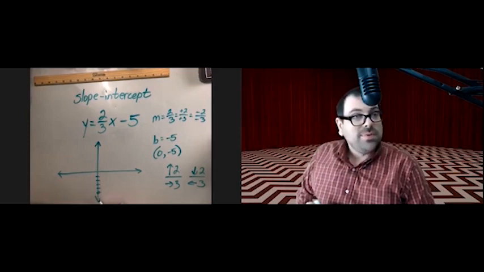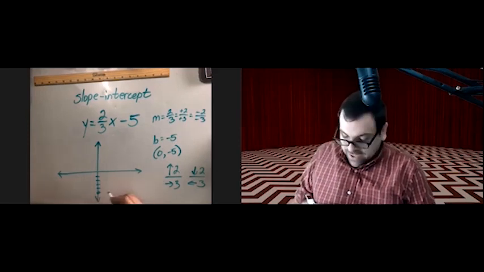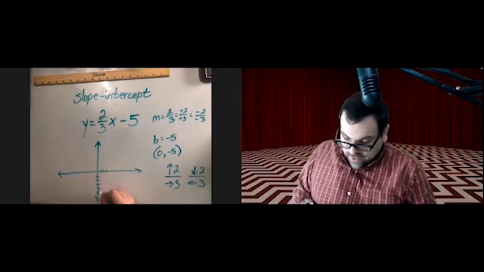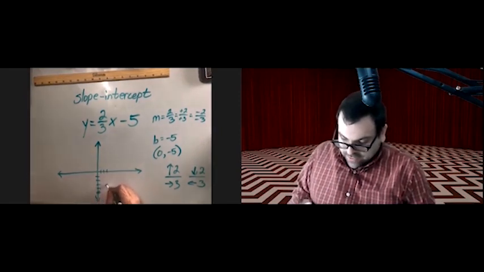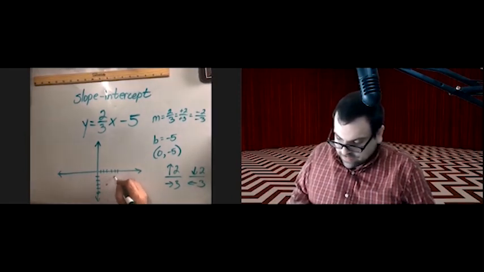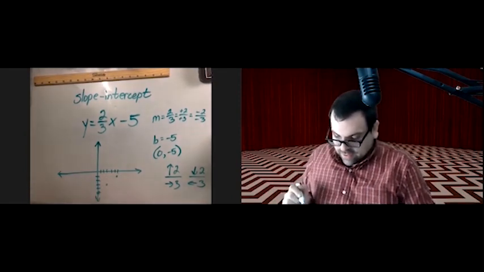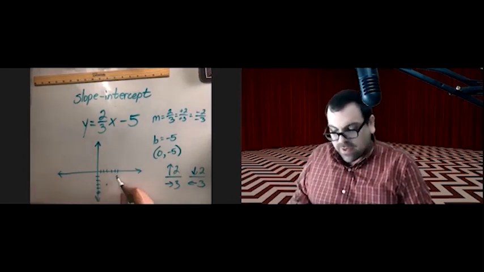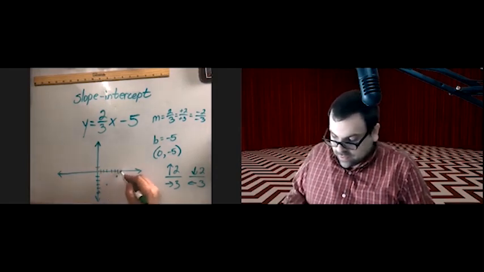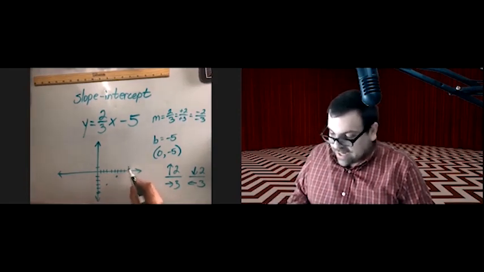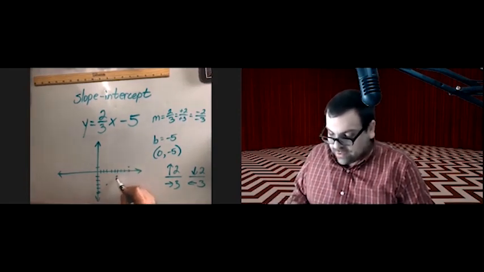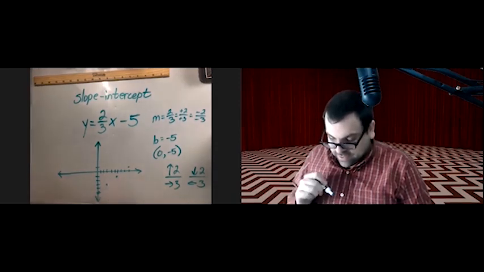Whatever's easiest to draw from here is what we're going to do. We're kind of out of room down, so let's look up and right. Up 2, right 3. And then up 2, right 3. And notice from any one of these points, we can go up 2, right 3, or we can go down 2, left 3.